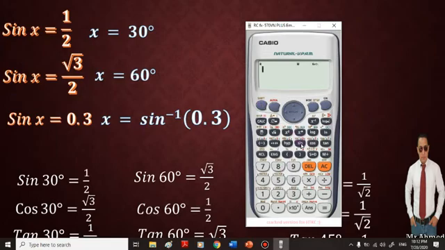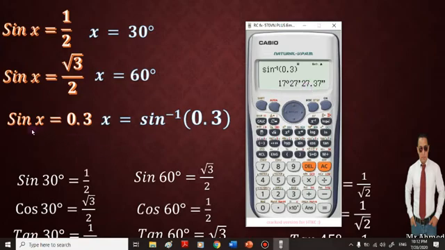Shift sine, it is written like this, sine -1. Then I write 0.3, close the bracket, equal. Then the angle will be 17.45 and so on. Because this number is an angle, it's better to change into degree minute second: 17 degrees 27 minutes 27.35 seconds.